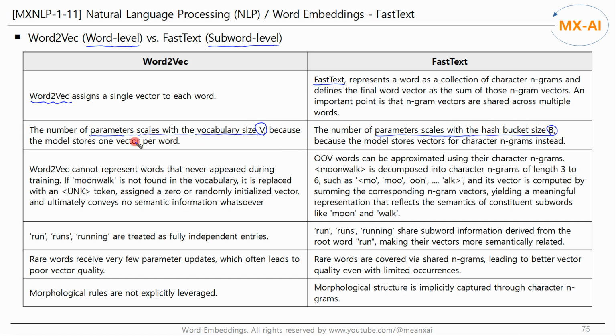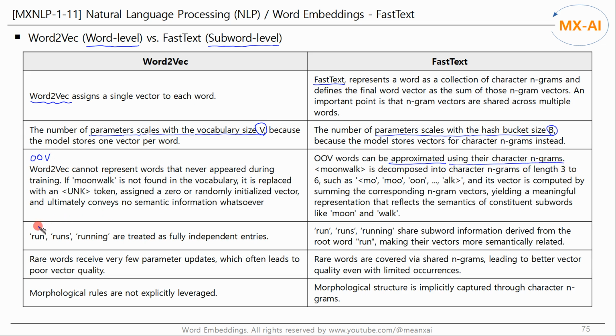Another important difference is how the models handle out-of-vocabulary words. Word2Vec cannot represent words that never appeared during training. FastText, however, can still approximate out-of-vocabulary words using their character n-grams.